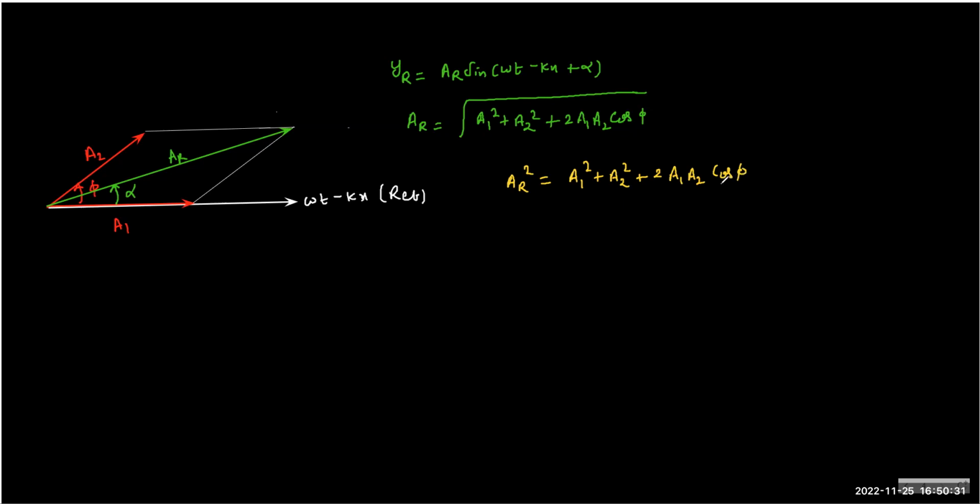Now generally we express the answer in terms of intensity. So AR we can write as IR by some constant. A1 is called I1 by the same constant.